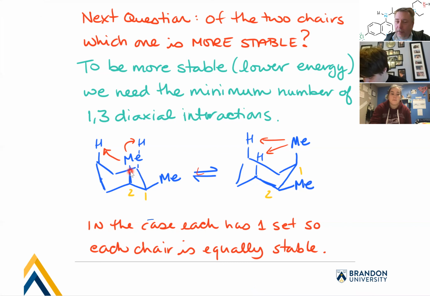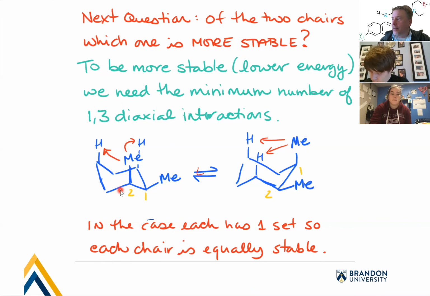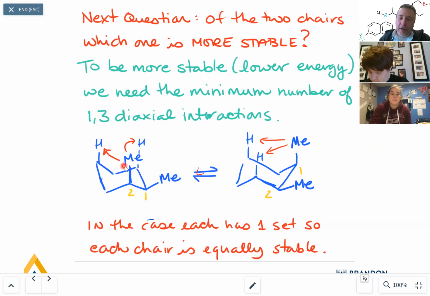The more stable conformer will have the fewest number of these interactions. So that's basically how this is going to work. So for this molecule, the cis 1,2-dimethyl cyclohexane, they're equal. So the two conformations are completely equal.